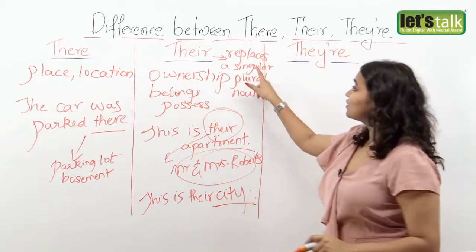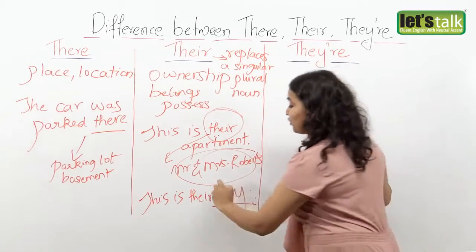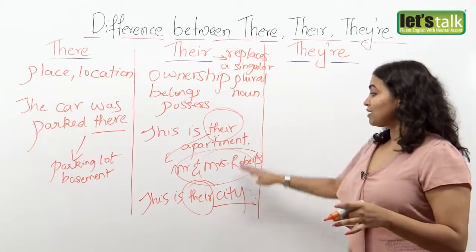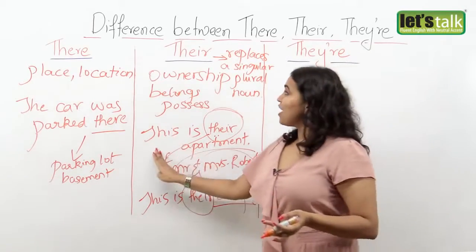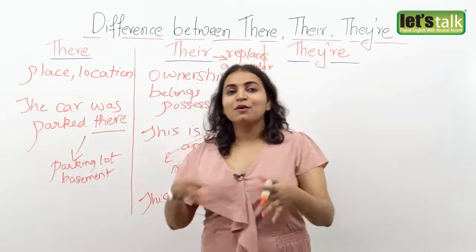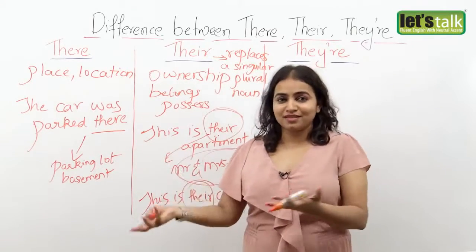City is a singular noun, and you use the word there, again replacing a singular noun, but in both cases, there is used to talk about ownership or the fact that something belongs to someone or some person.